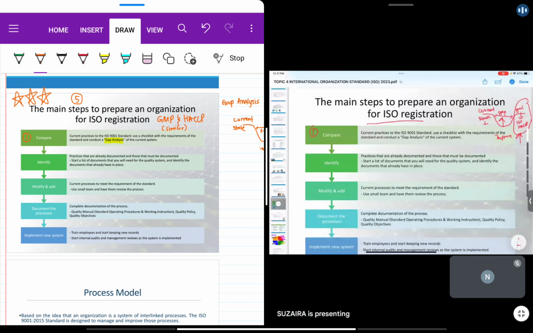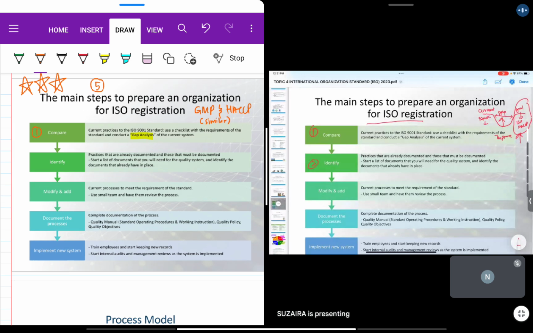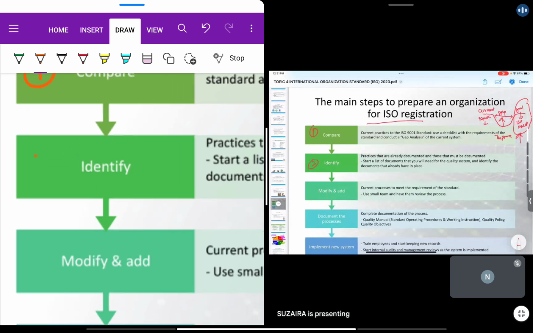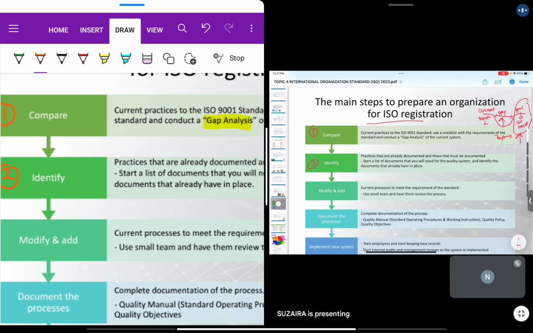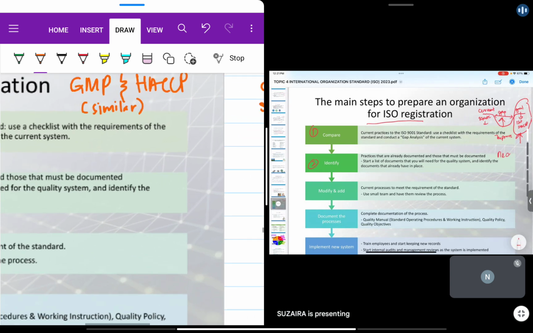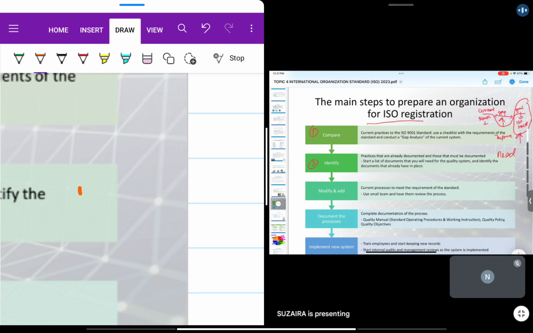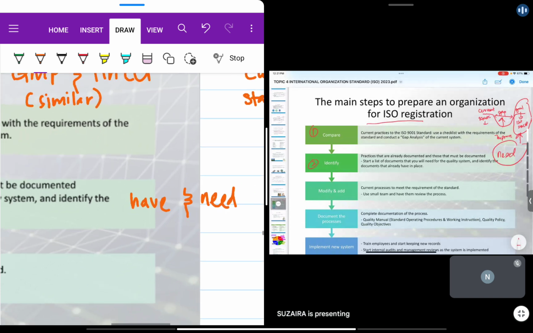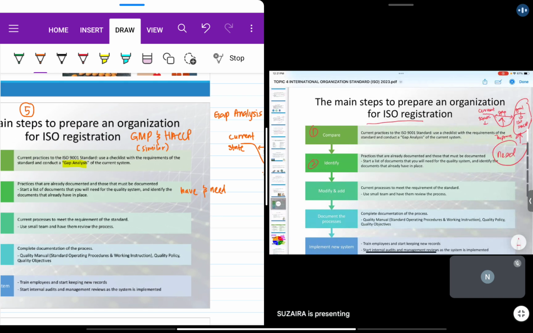So we compare through the gap analysis, and the second one we identify what has already been documented and what needs to be documented. The things that we have and the things that we need. So identify the needs, meaning the actions we're going to take in order to achieve the goals that we want.